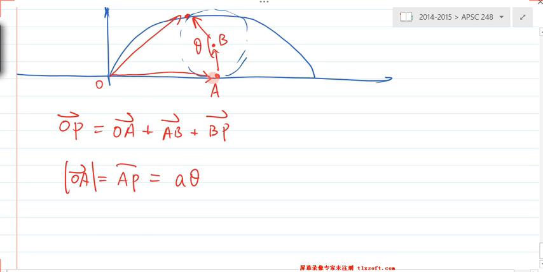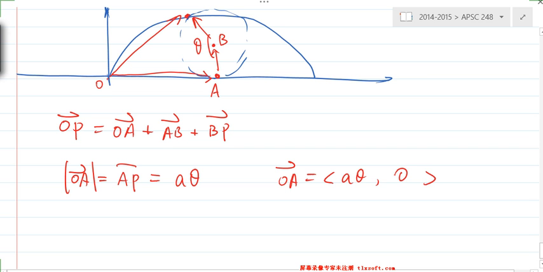OA is a vector. If I want to represent the vector using x, y coordinates, what's the x coordinate? It's this length, which is a theta. What's the y coordinate for OA? Zero. That's OA.